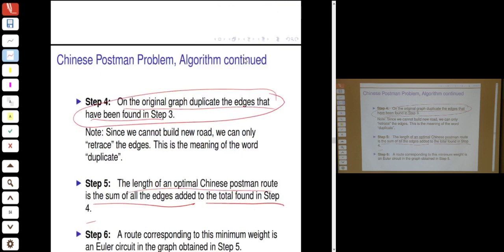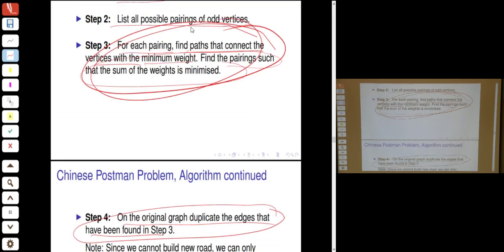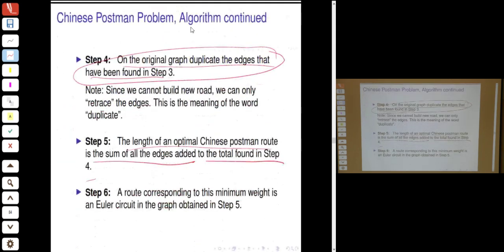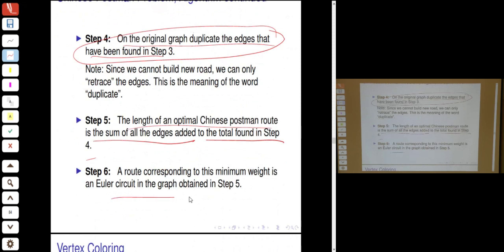So the extra weight of these minimal weight paths plus the sum total of all the weights of the edges. Now if you imagine that these extra minimum weight paths have been put on, the degree of every vertex is even, and then you can get an Euler circuit for this new augmented graph, because every vertex has an even degree. So you just use an Euler circuit for this graph.